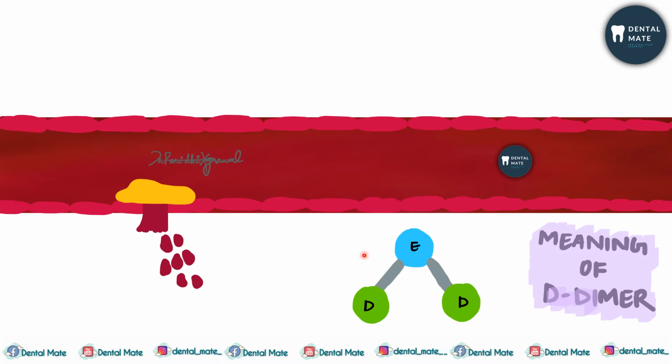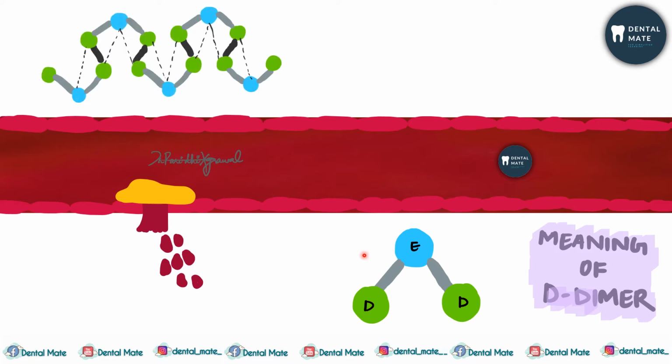Okay? See, this is the fibrin meshwork. Cross-linking. Can you appreciate the cross-linking? These are two Ds and one E, cross-linked. After degradation, two Ds are joined together.